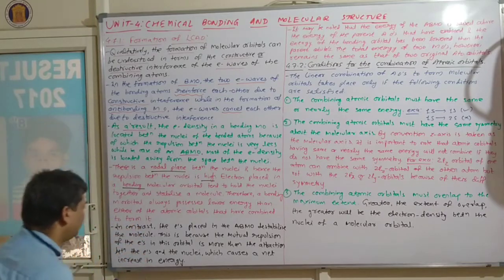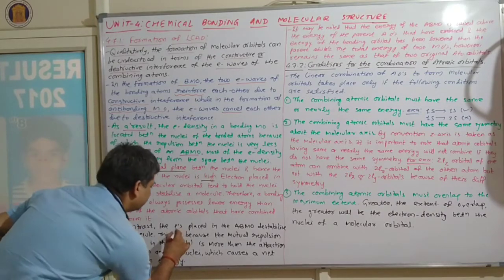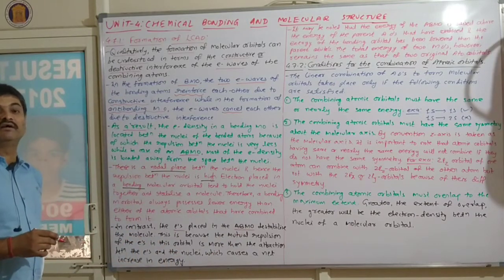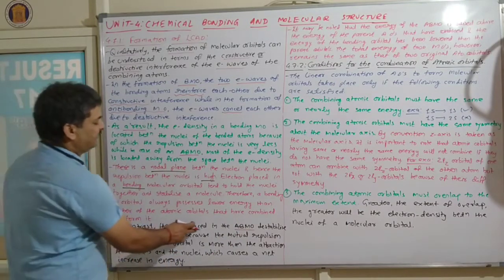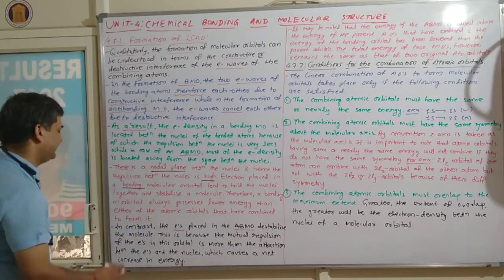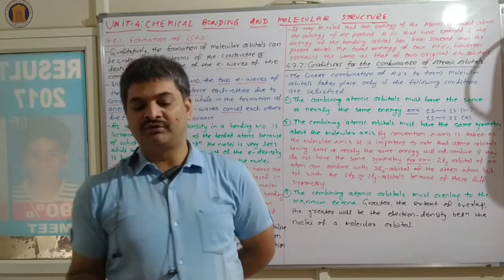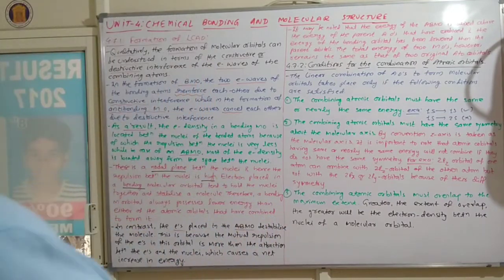Now this is the comparison of bonding and anti-bonding. In contrast, the electron placed in ABMO destabilizes the molecule. Why will destabilization occur? Because repulsion will take place.